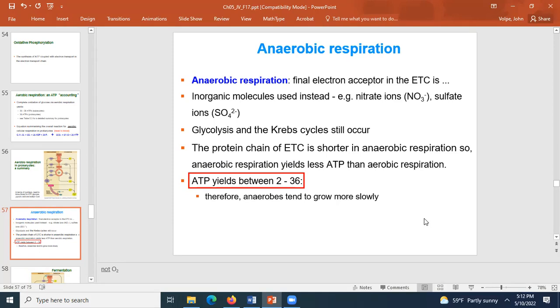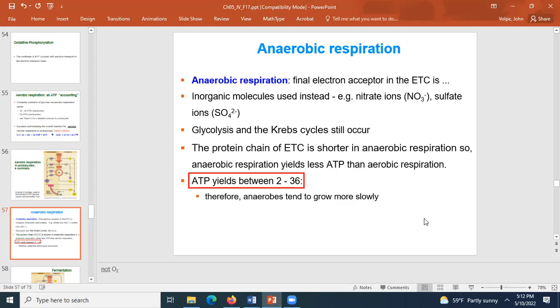In anaerobic respiration, usually the anaerobe does perform glycolysis and the Krebs cycle, and they do have an electron transport chain. However, that electron transport chain is shorter in anaerobic respiration, so the yield of ATP is less than for aerobic respiration.